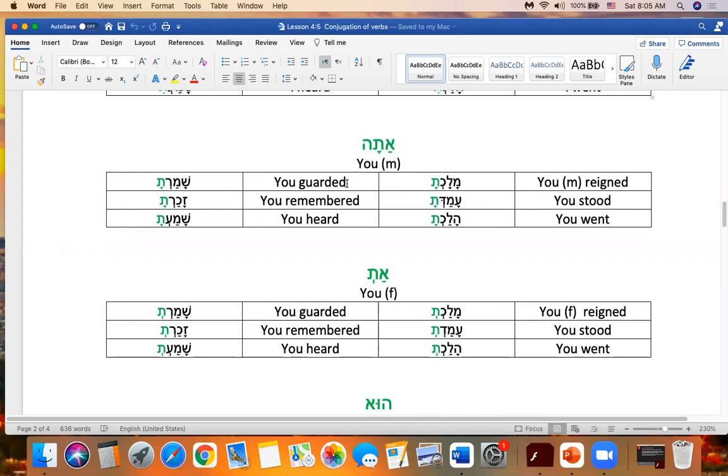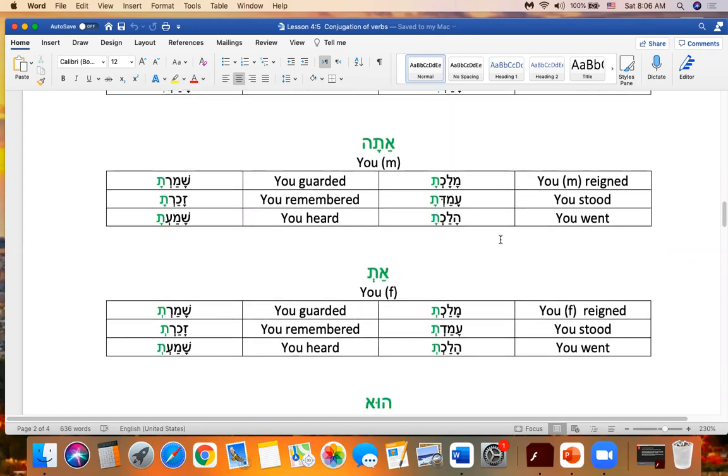Then guarded, shamar, shamarta. Remembered, zachar, zacharta. Heard, shama, shamata. So very simple. It basically goes by the pronoun, and the ending sounds the same for I and you masculine.